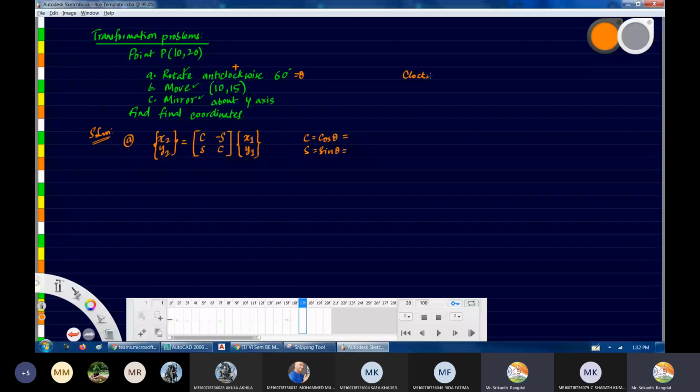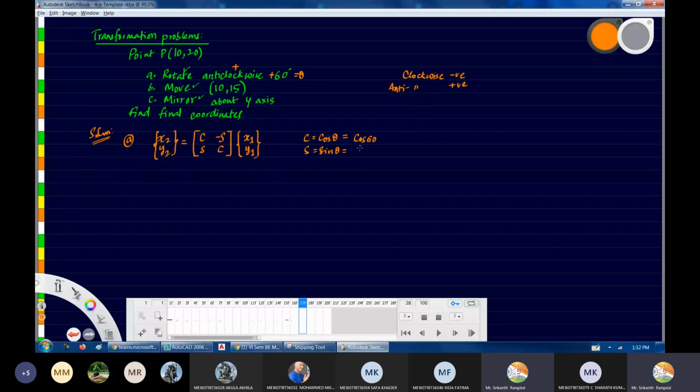Here in this case we have to go anti-clockwise, so we take theta as positive 60 degrees. Now we substitute.